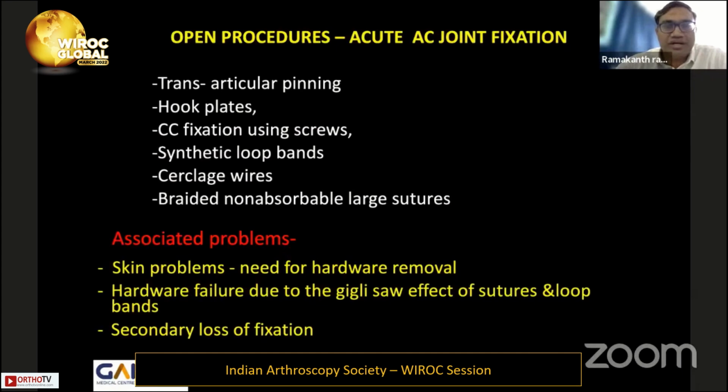So the open procedures for acute AC joints are: transarticular pinning, hook plates, CC fixation screws, synthetic loop, circular wire, braided, non-absorbable large sutures. But these are associated with problems like skin problems, hardware failure, and secondary loss of fixation.